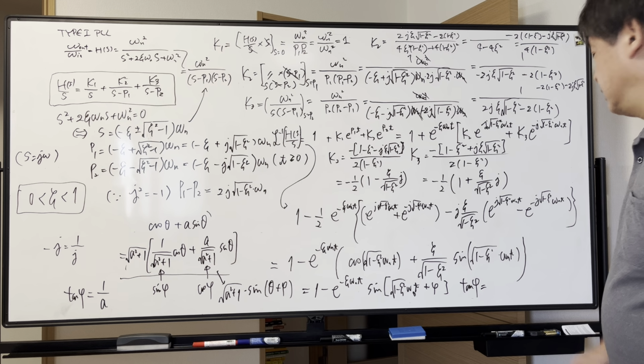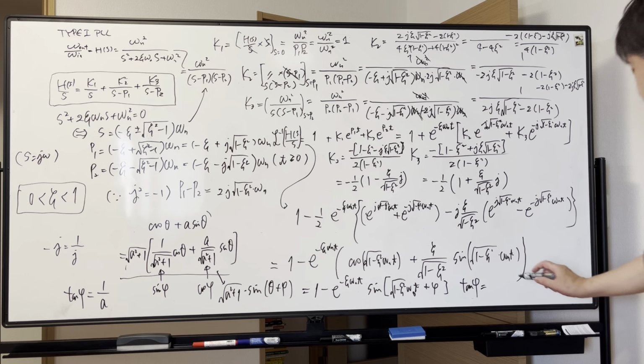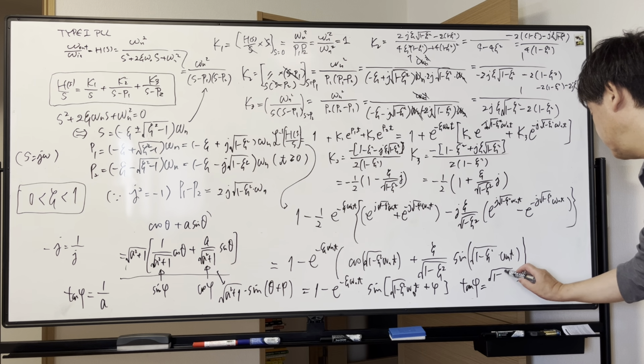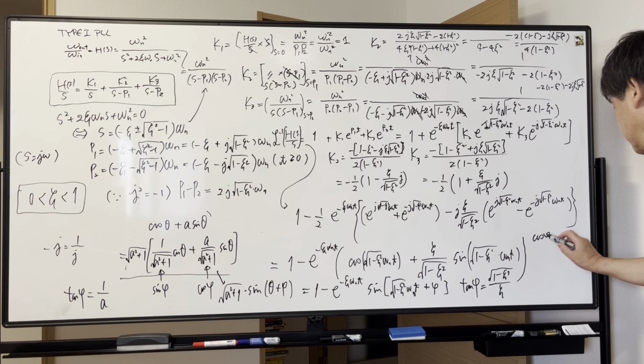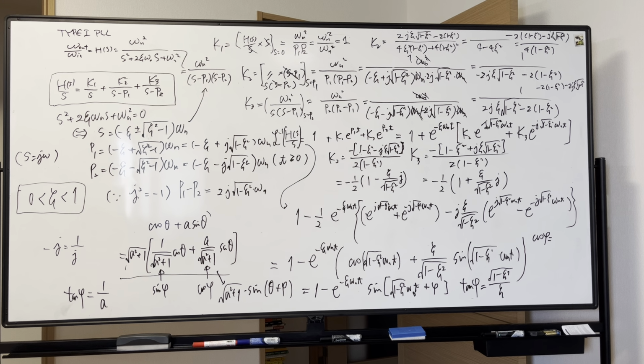A is just this, 1 over a square root of 1 minus zeta square. And cosine phi is just a over square root of a square plus 1.